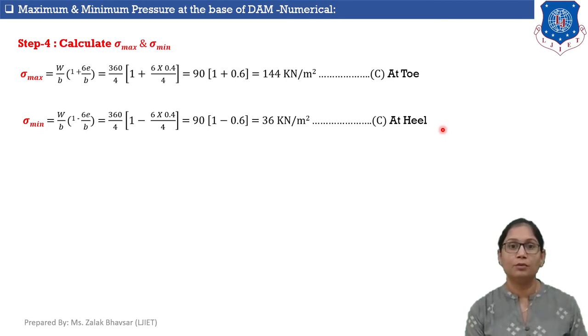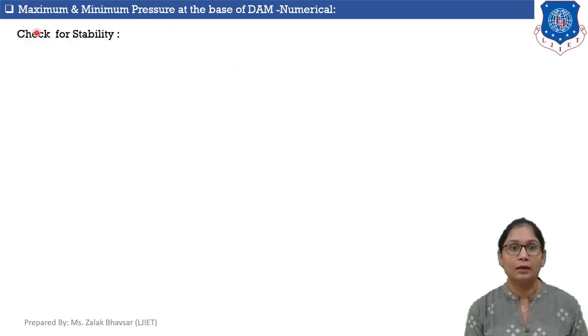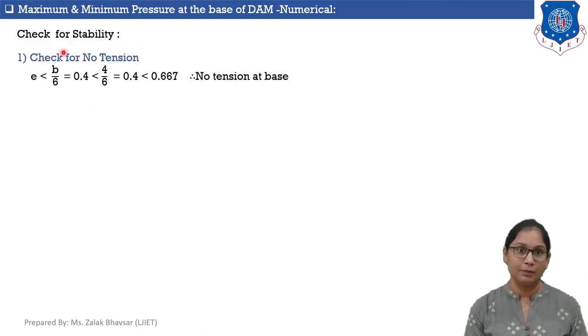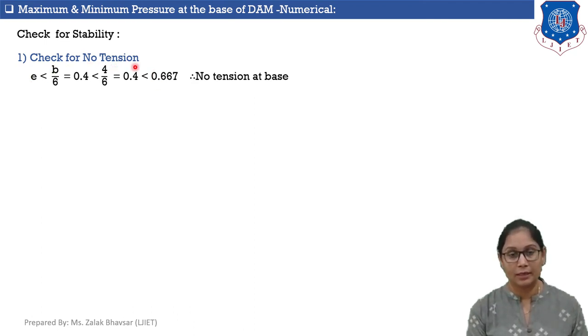Okay, now we also need to determine the stability of the dam, and for that we need to carry out 4 checks. So let's start with the first stability check. We will first carry out the check for the no tension condition. As we discussed earlier, for no tension condition at the base, eccentricity should be less than B by 6.